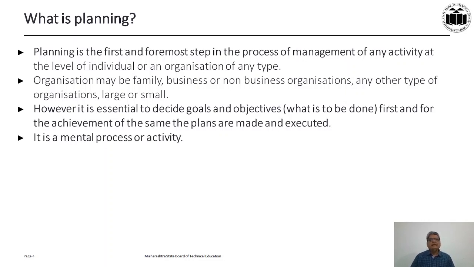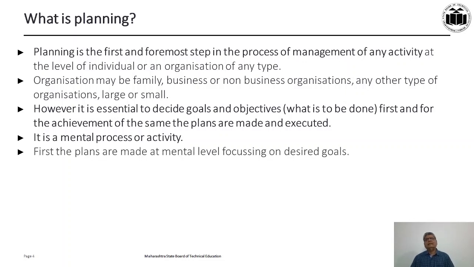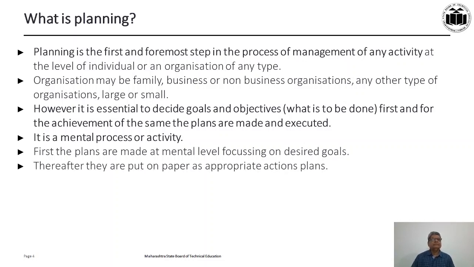Now, planning is a mental process, it is a mental activity. Whatever you plan, you plan at the mental level first. So, first, the plans are made at mental level, focusing on the desired goal. How do you make the plan? We focus on the desired goal, and accordingly, you create the plans.